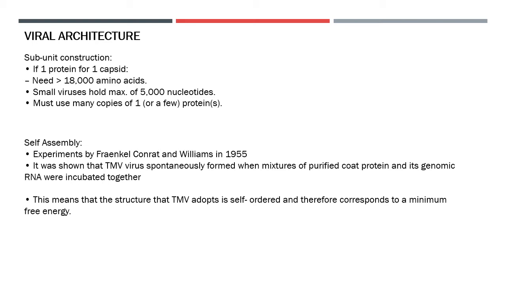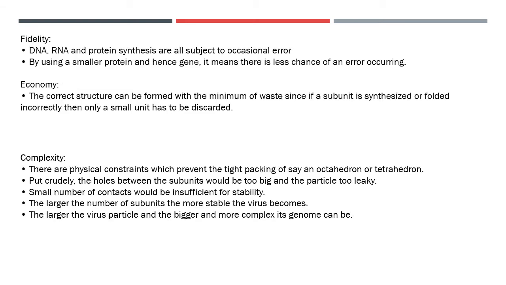Okay, so this is the study related to the energy. Minimum free energy is required. Next is fidelity. RNA, DNA and protein synthesis are all subject to occasional error, correct? Because there can be some mistakes while RNA replication, DNA replication.